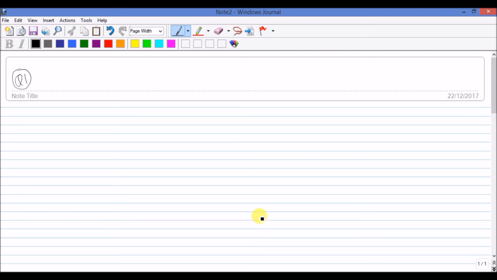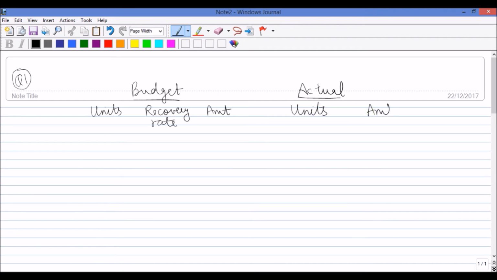Now what I'm going to do is prepare two parts. One is the budget and the other is the actuals. Here I'm going to write units, here the recovery rate, and here the amount. Here I'm going to write the units, and here the amount.